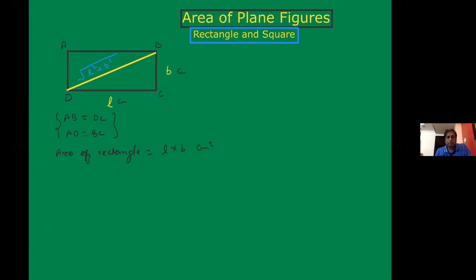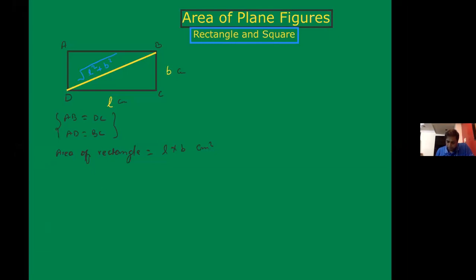Now the question is, if the area of the rectangle is given and the length of the rectangle is given, how to find the breadth? We know that the area of the rectangle equals length into breadth centimeter square.